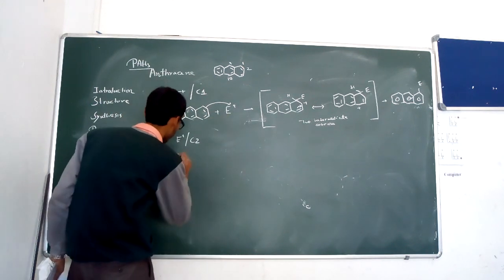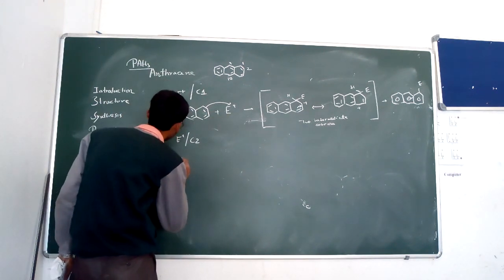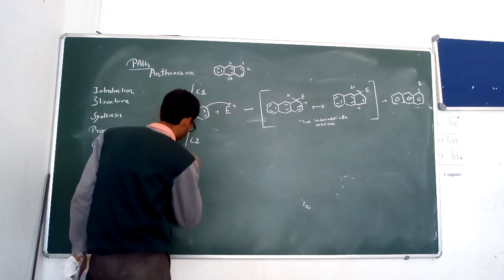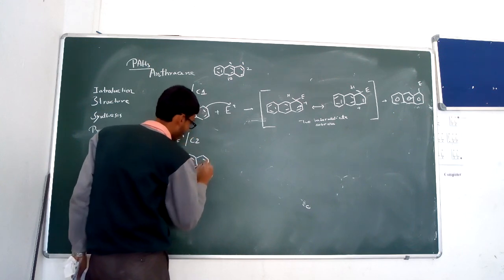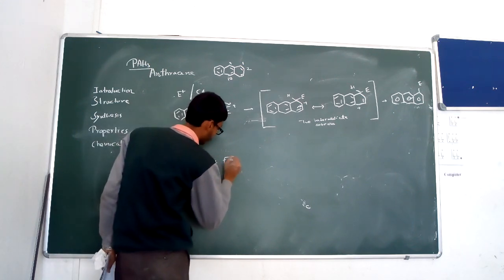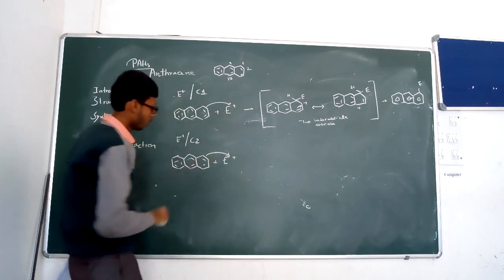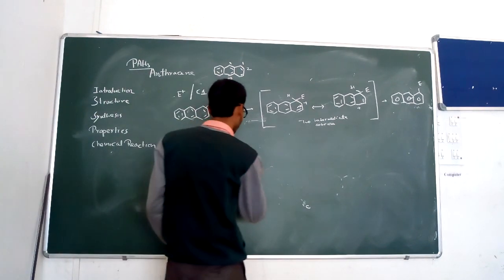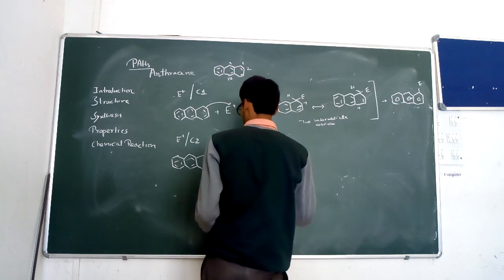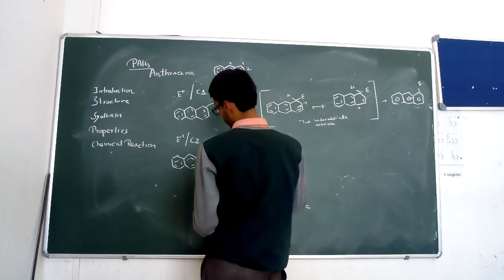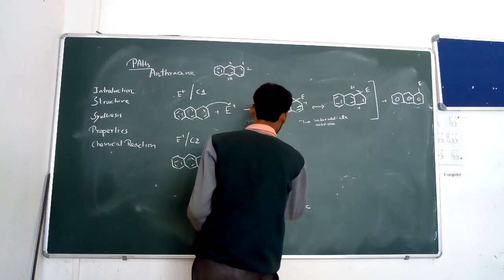I repeat the reaction: the electrophile attacks, and one intermediate is formed. We already saw that in the naphthalene case also.